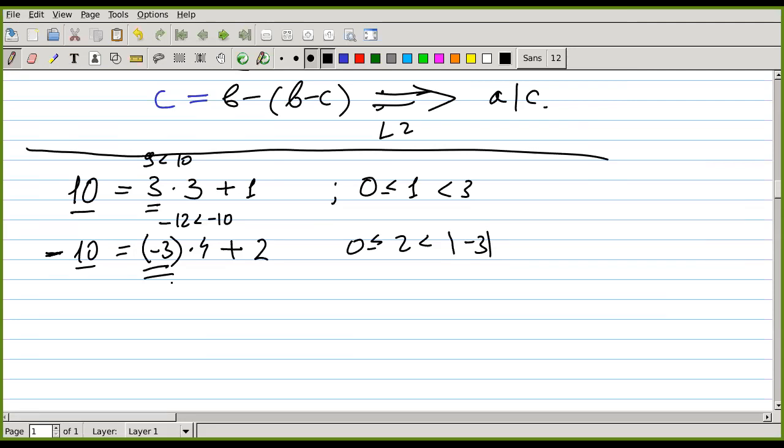We can say that this is a common principle in mathematics. So the general principle is that the remainder must be less than the absolute value of the divisor, but still not negative.